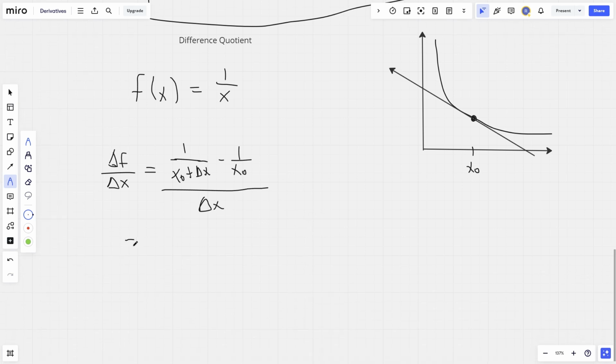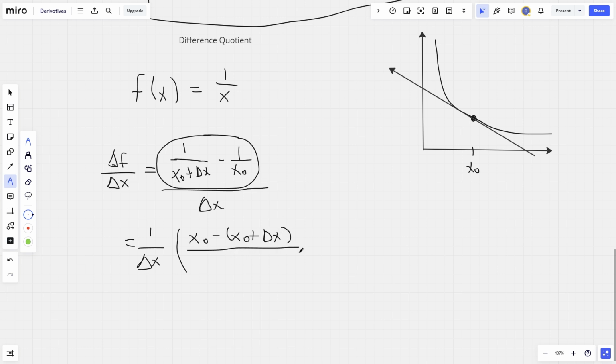So let's factor out the 1 over delta x, and let's create a common denominator for that. The common denominator would just be x0 plus delta x times x0. So this is going to turn out to be x0 minus x0 plus delta x over x0 plus delta x times x0, right?